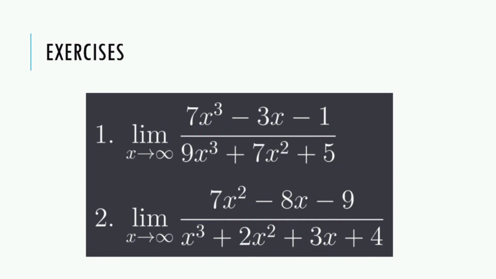Let's find the limit of 7x cubed minus 3x minus 1 all over 9x cubed plus 7x squared plus 5 as x approaches infinity, and the limit of 7x squared minus 8x minus 9 all over 3x cubed minus 2x squared plus 3x plus 4 as x approaches infinity.